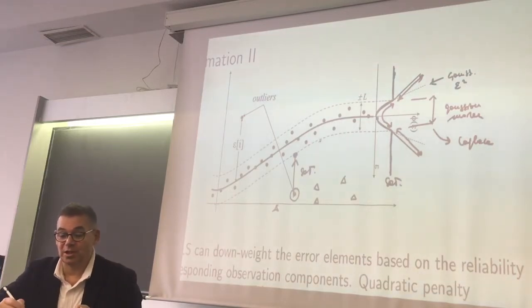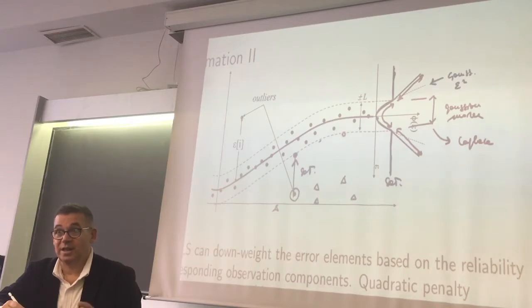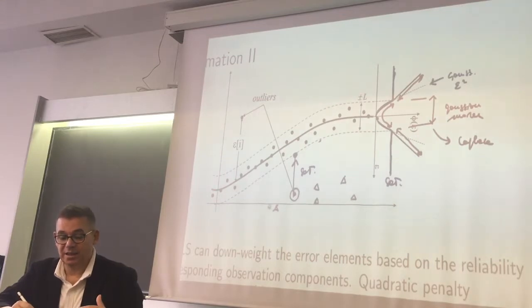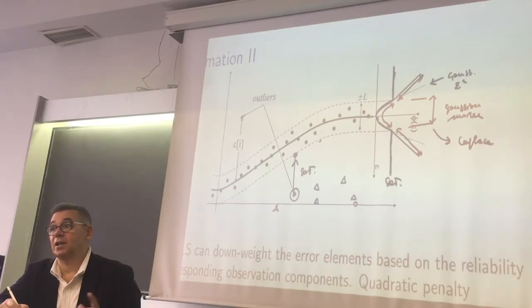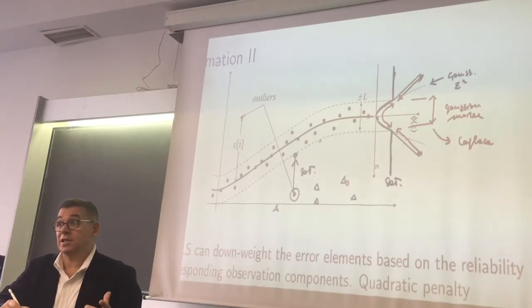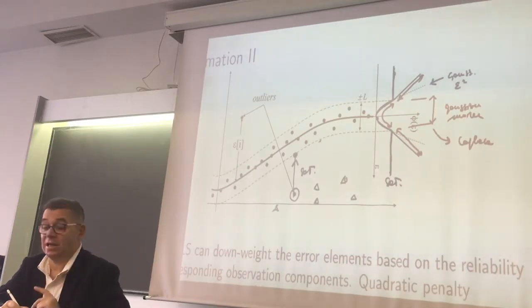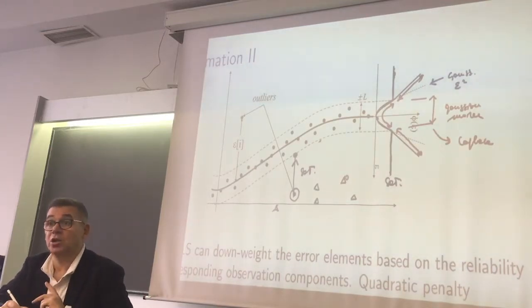So I'm losing content, and it's not right. So what I can do is I can take these samples that apparently, for a quadratic model, for a Gaussian model, are outliers. I consider them as outliers belonging to a different distribution, which is Laplace.